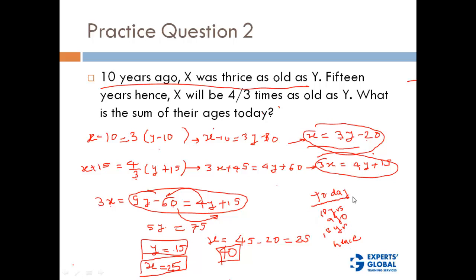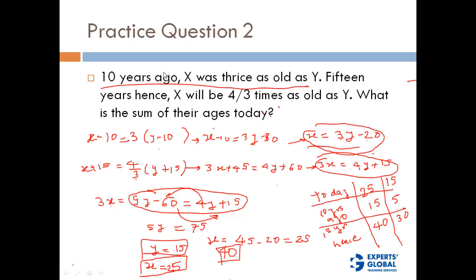Today, x is 25 years old and y is 15 years old. 10 years ago, x was 15 and y was 5. 15 years hence, x is going to be 40 and y is going to be 30.